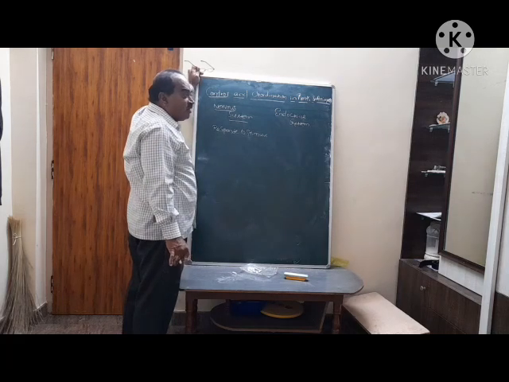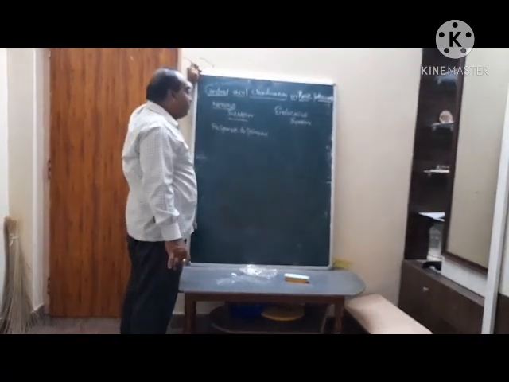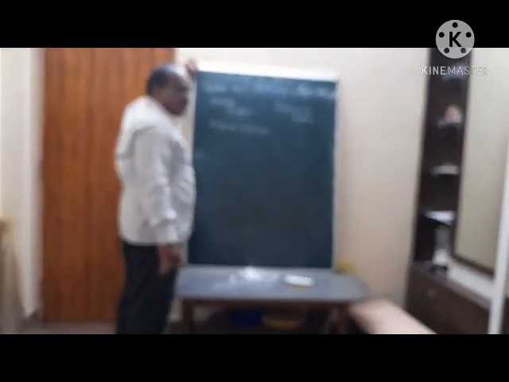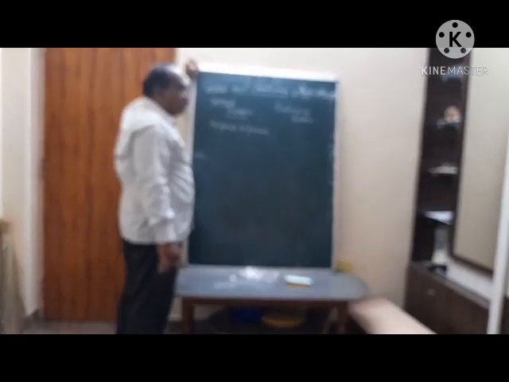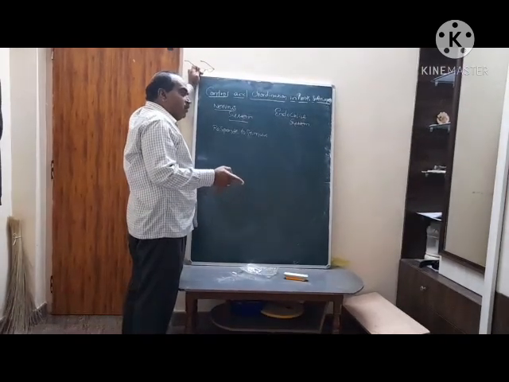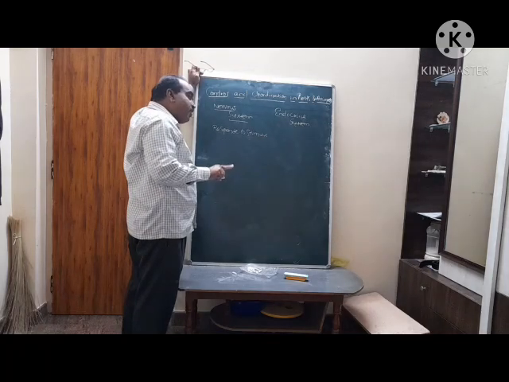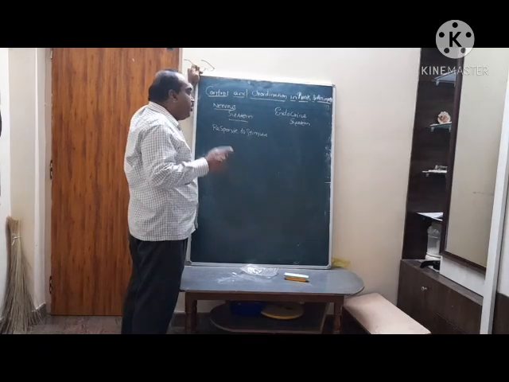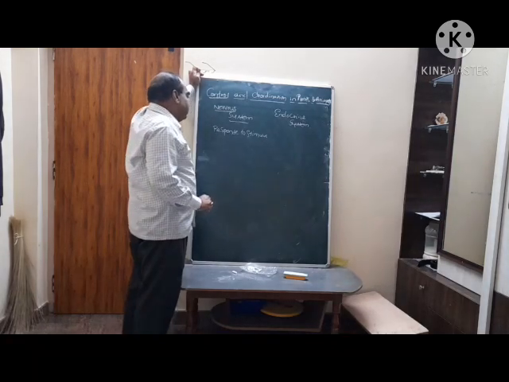Stimulus is nothing but changes that take place in the environment, either by biotic factors or by abiotic factors. The organisms are stimulated by both biotic and abiotic factors, but the response is given only by living organisms.